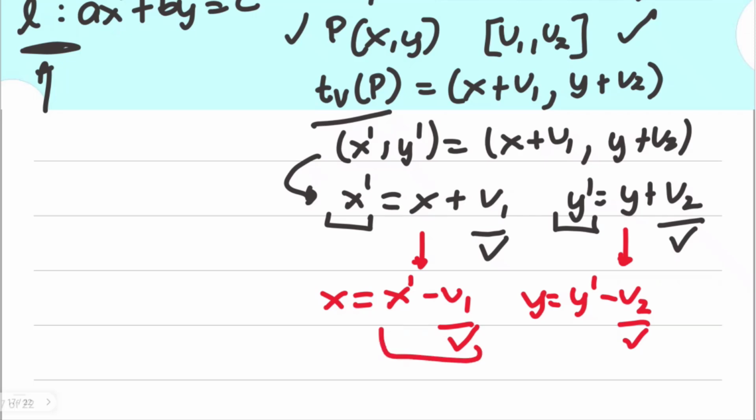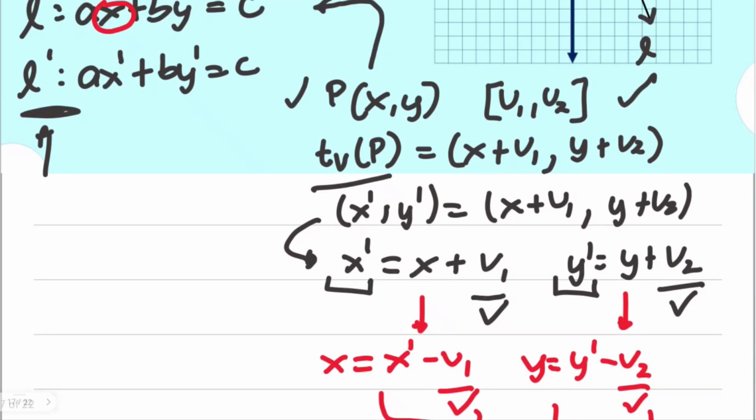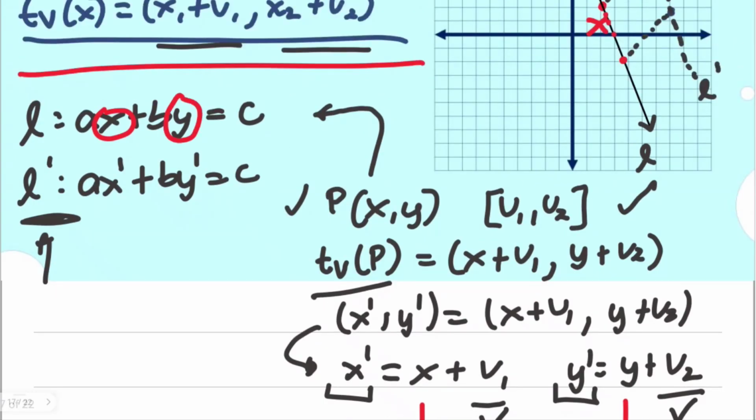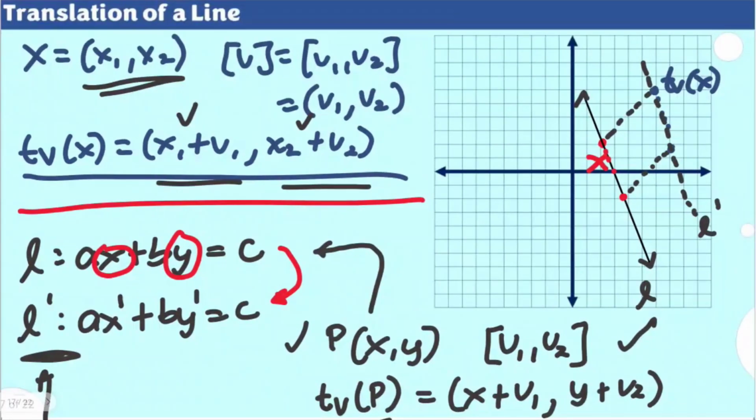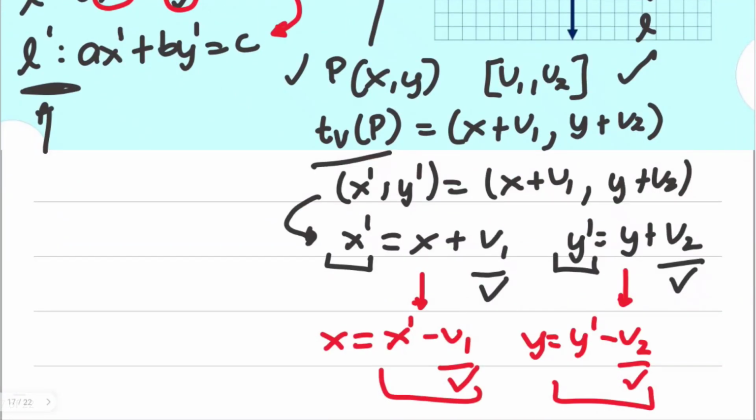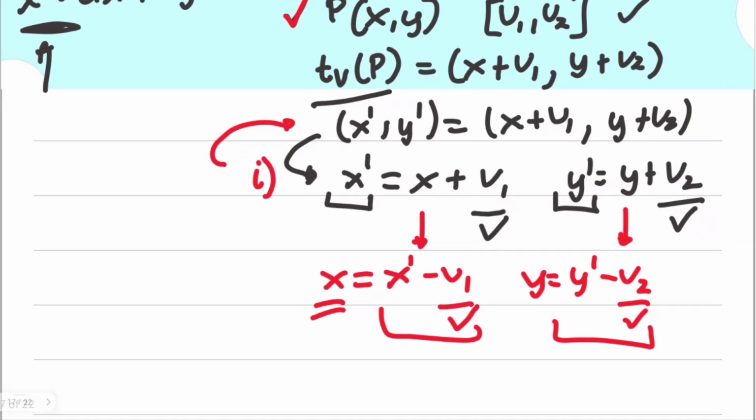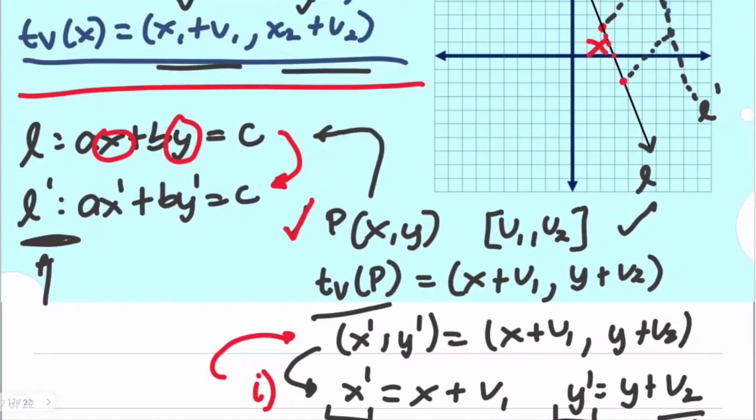This is the representation that we need to substitute here and here to come up with a new equation having primes. We will have an illustration for this, but we simply copy this process. We express the x prime and y prime components of the translated points for every given point in your line, then express them in terms of x and y, which would be substituted here and here to come up with the equation.